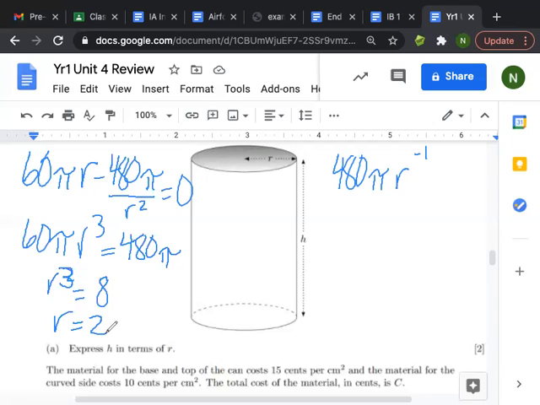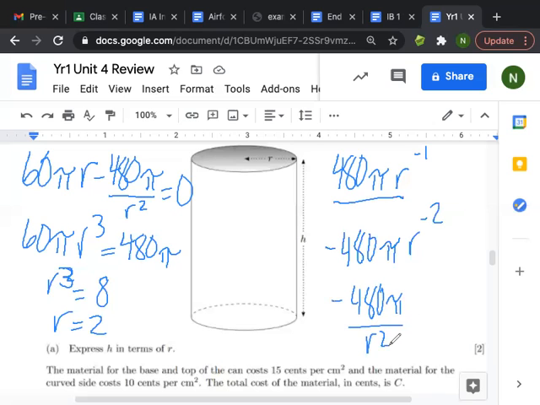The original problem is this, I just rewrote it. So when I take the derivative of this one, I get negative 480 pi r to the negative 2, which I can rewrite as negative 480 pi over r squared. And so that's why it's there.